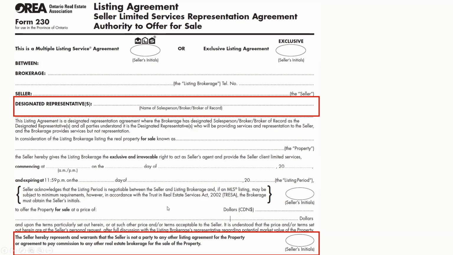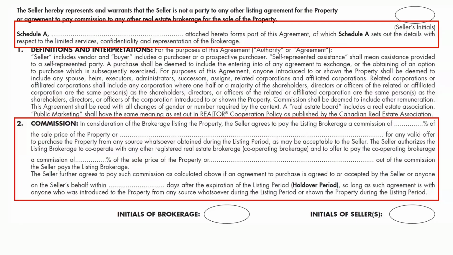Seller hereby represents and warrants that the seller is not party to any other listing agreement for the property or agreement to pay commissions to any other real estate brokerage for the sale of the property, and again, getting that initial. I did mention the commission side, the percentages for your total commission, and for the co-op brokerage and what they are to receive as well.